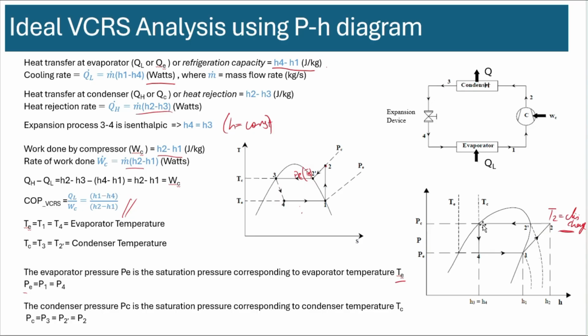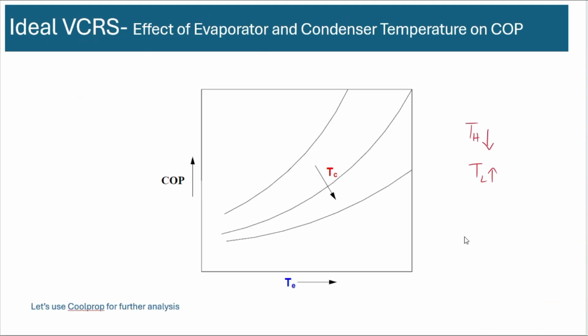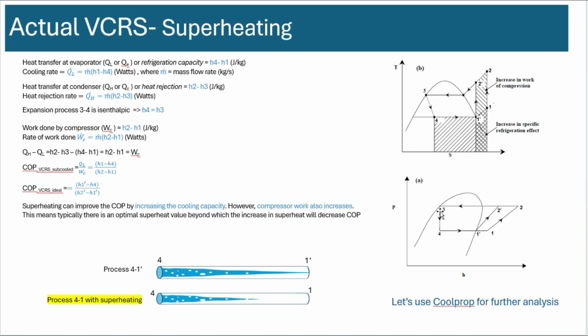So you're not in the exact vapor liquid equilibrium, you are fully liquid. And when you're fully liquid, it's called subcooled state. Okay, you're not at the saturation state, you're at the subcooled state. So you could be a little bit colder before coming into the expansion device.